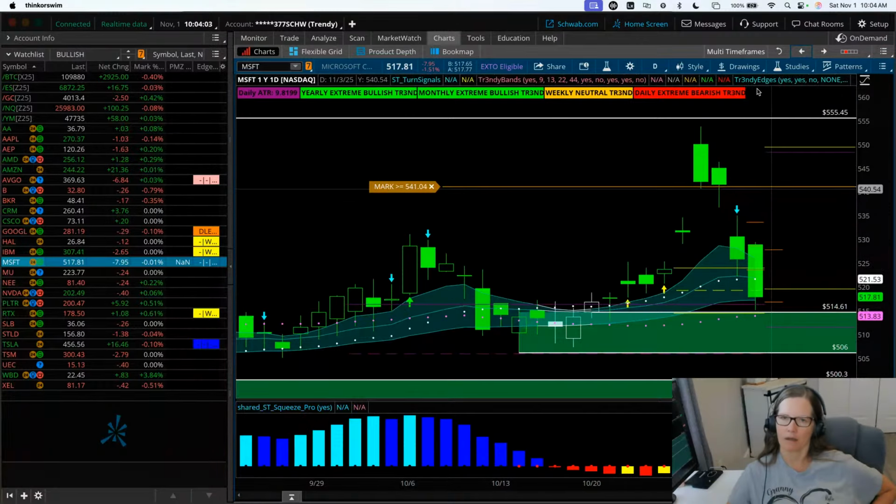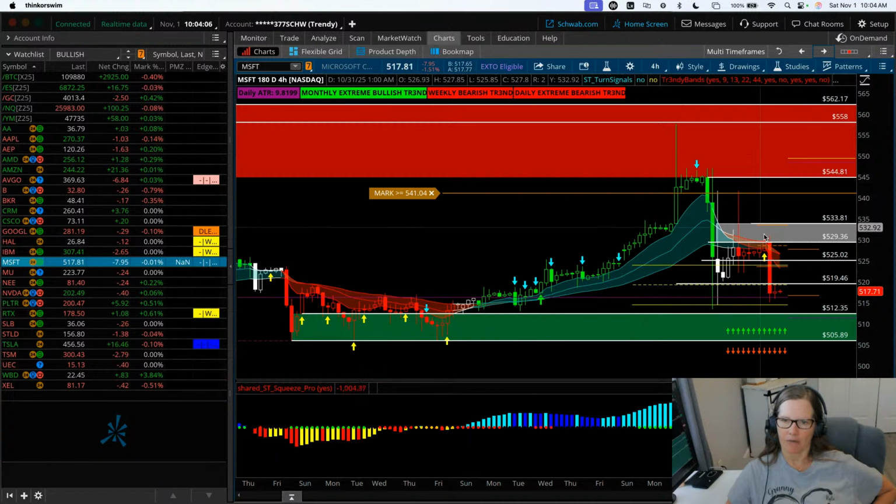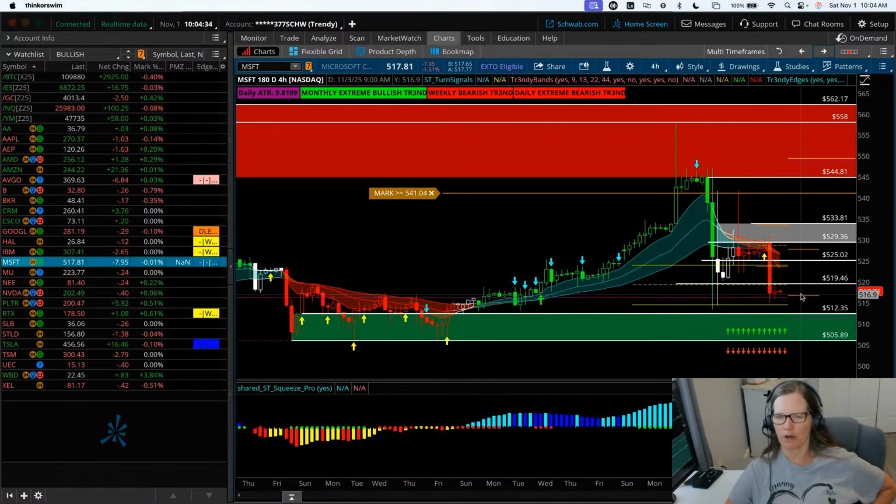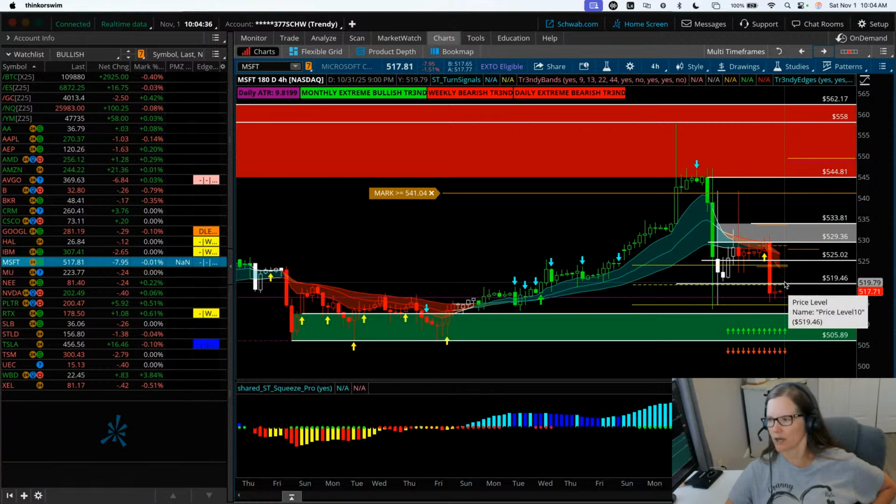So that trade will be either a momentum play if we can recover the lower weekly edge, or a longer term, longer dated trade out to December, January, February, trading the leveraged ETF MSFU for me in my small account and trading off of that higher time frame Microsoft chart.